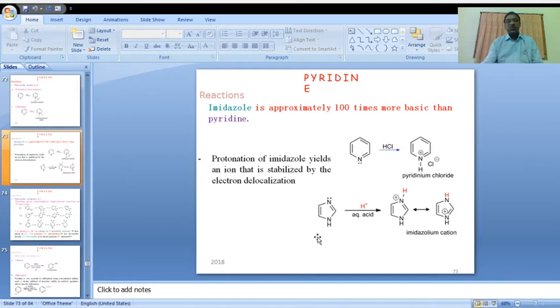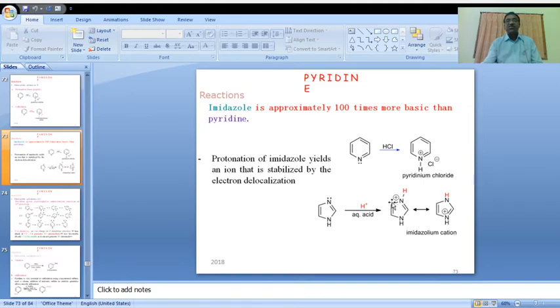The same imidazole on reaction with aqueous acid H+ gives the imidazolium cation, a positively charged species, just like ammonium, with positive charge on the heteroatom.